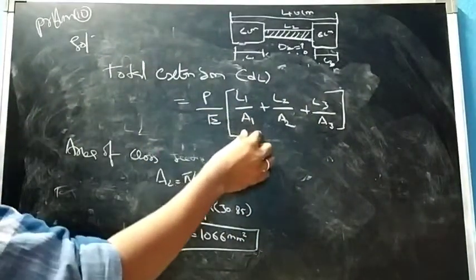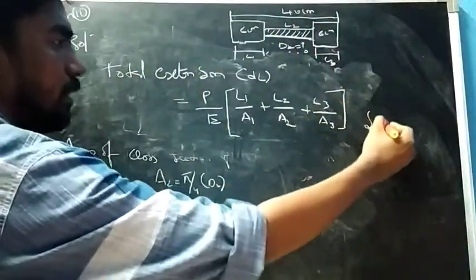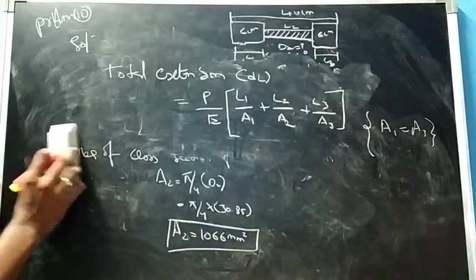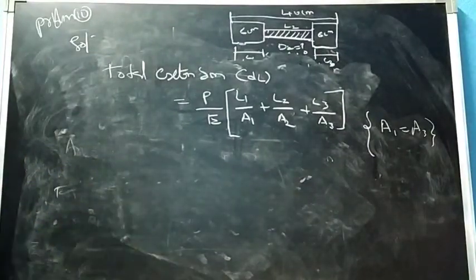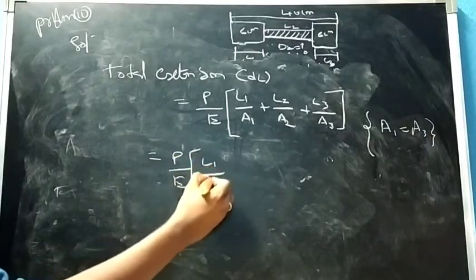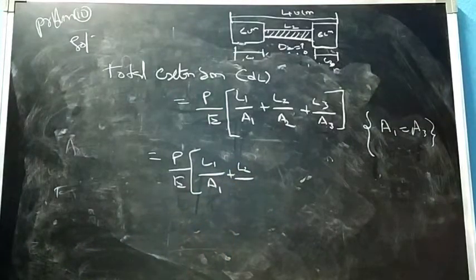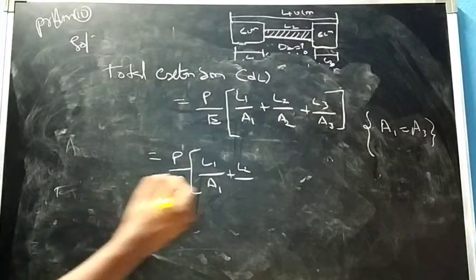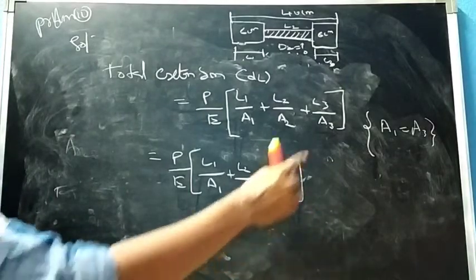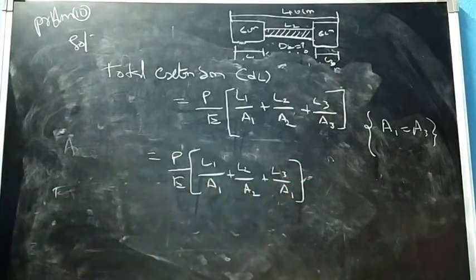And we know that area 1 is equal to area 3, because the cross section is the same, A1 equals A3. So instead of A3, I am writing A1 on both ends.